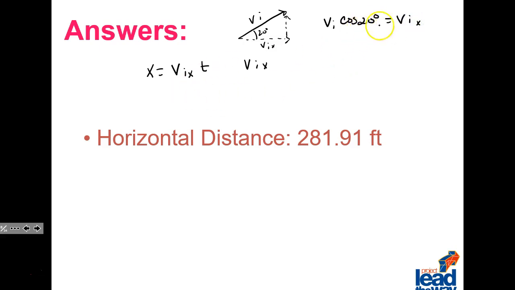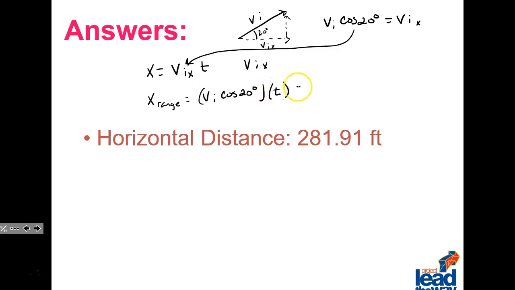So we can substitute that in right here and say that x max, or the range, equals Vi times the cosine of 20 degrees, which is just Vix, times time. So let's do that.